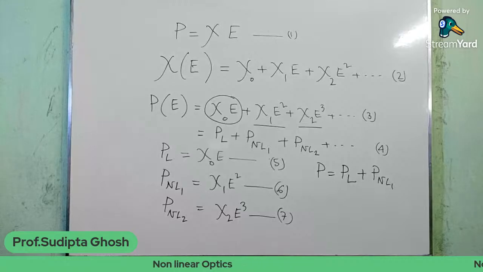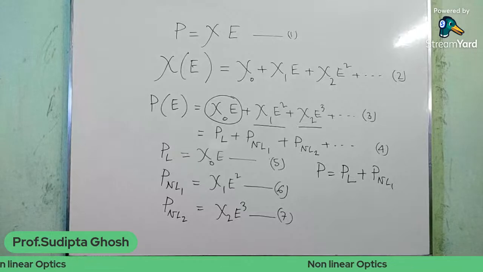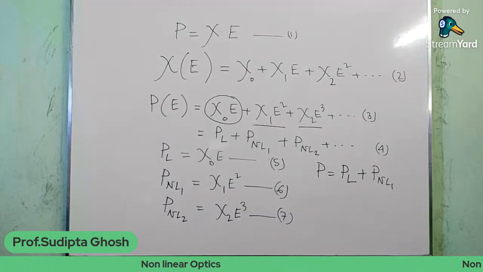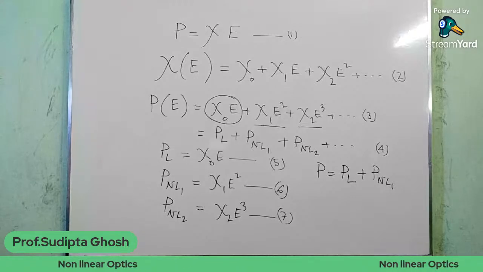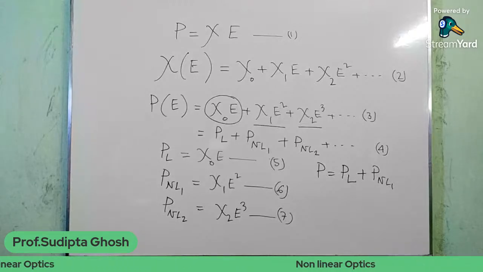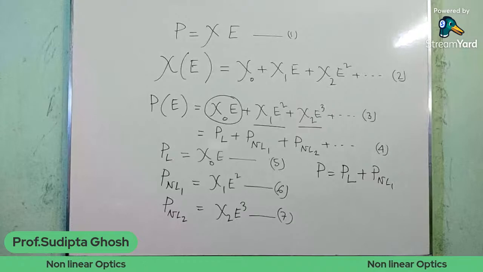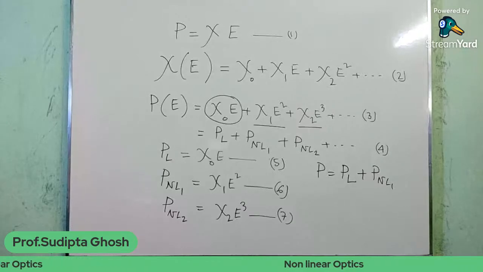Normally, all dielectric materials have some non-linear effects when they interact with such a polarized, intense laser beam. But we do not call all such materials non-linear materials. Why?